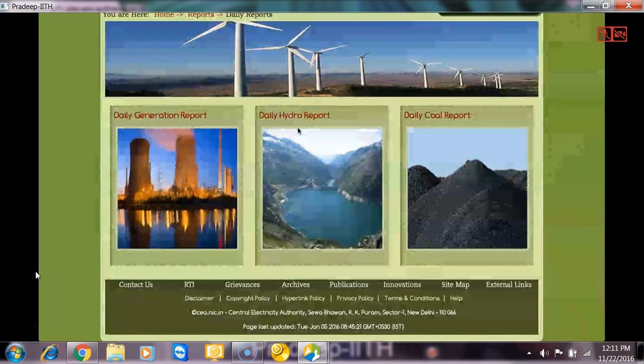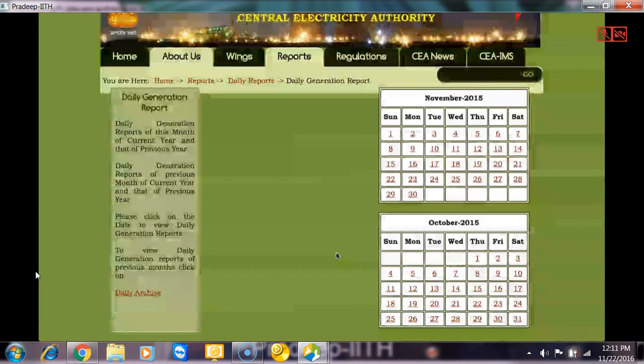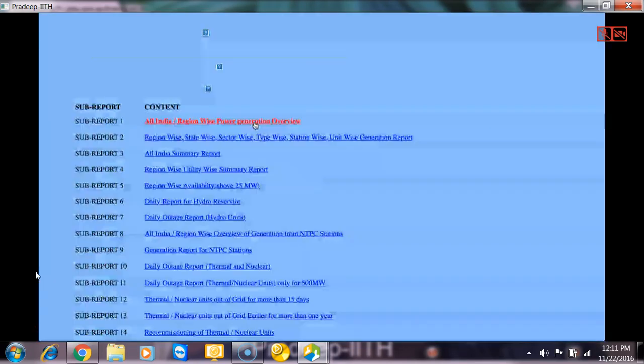So I can select the date, and then I think it will be showing the report of that date. So latest was November 17. So like this, you can get the data.